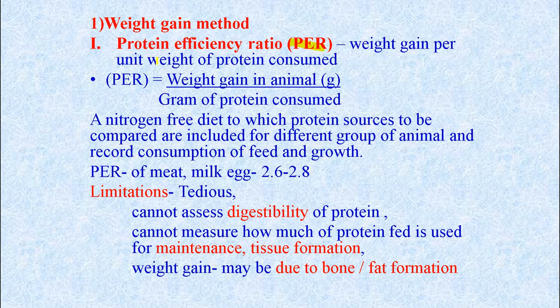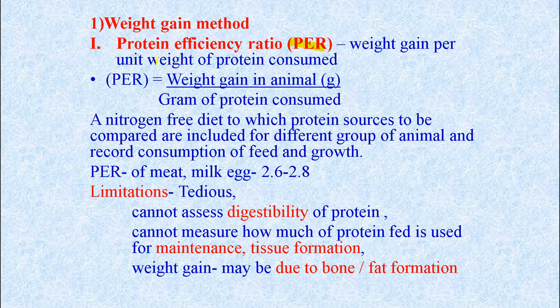Everybody who has knowledge of protein knows the PER, or protein efficiency ratio. It is the weight gain by the animals in grams, divided by the grams of protein consumed by the animal.